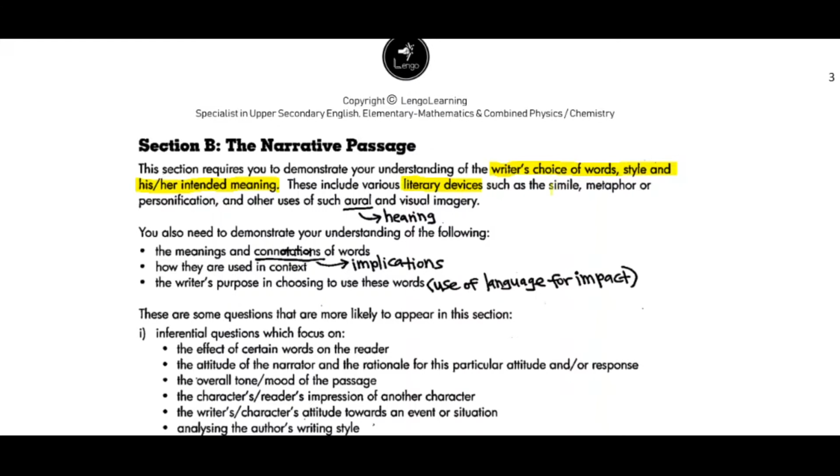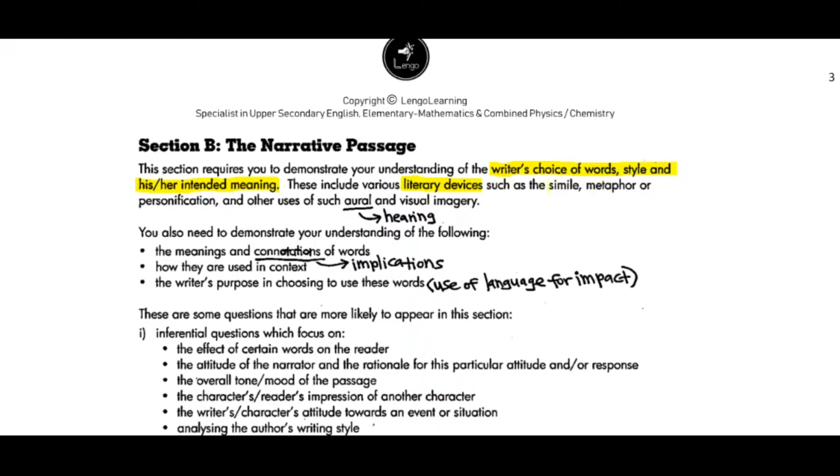Some of it will be, for example, simile, metaphor, or personification, and other uses of such oral and visual imagery. Oral refers to hearing, and visual imagery refers to sight. I'll go more in depth into the different types of literary devices in a later lesson.